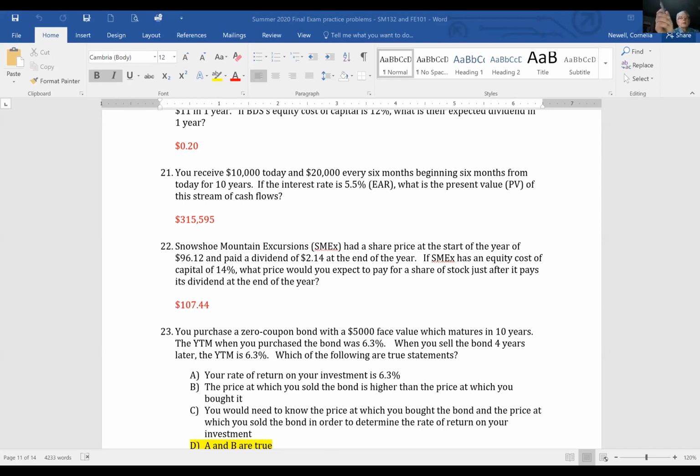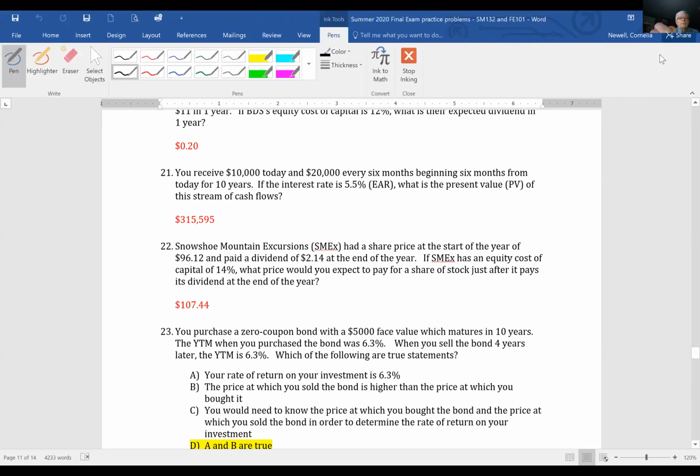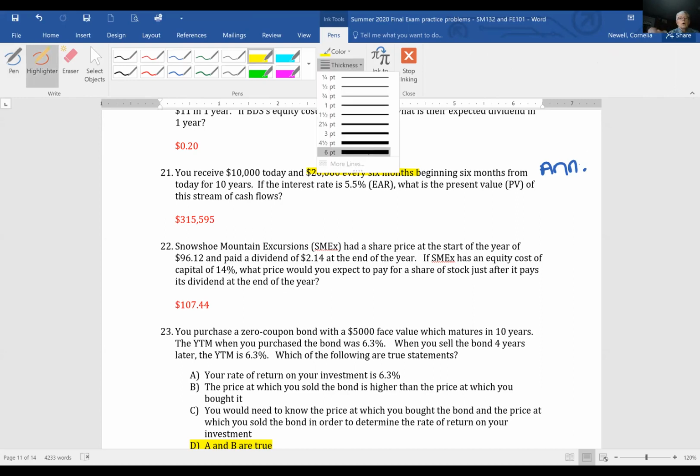So for this problem, a couple of things to point out about it. You're going to have 20,000 every 6 months. So that is an annuity. You also are going to get 10,000 today.